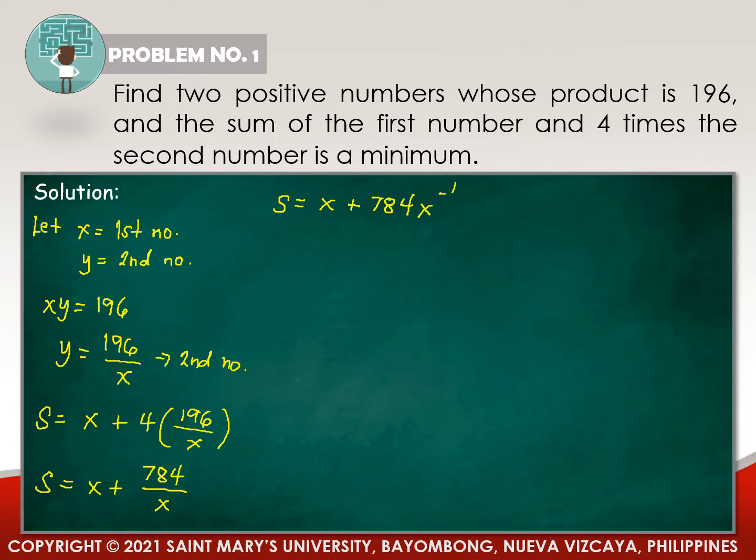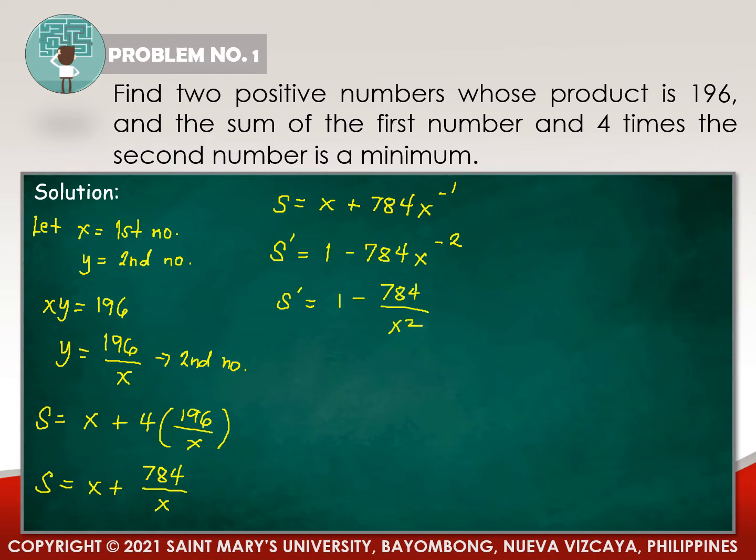So from positive, it becomes negative. So now, we can solve for the derivative of s. Therefore, we have s prime equals the derivative of x, which is 1, and the derivative of 784x to the negative 1, which is negative 784 x to the negative 1 minus 1, negative 2. Or, in simplest form, that is 1 minus 784 all over x squared.